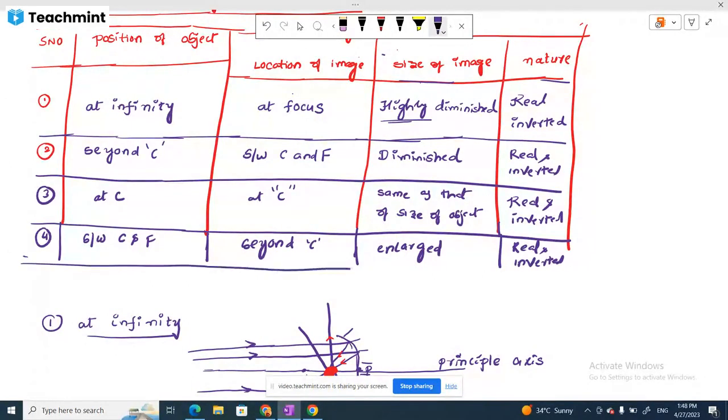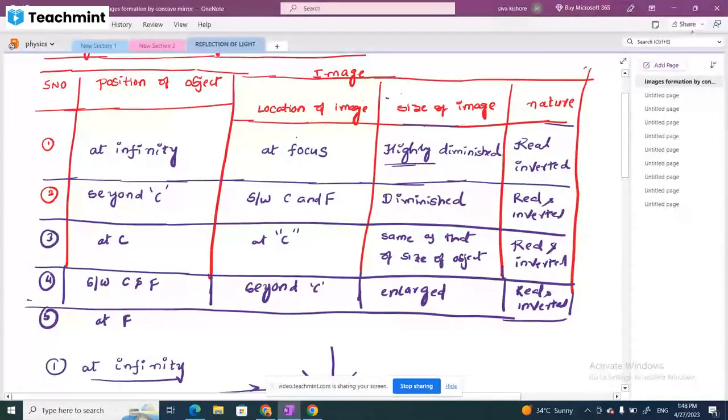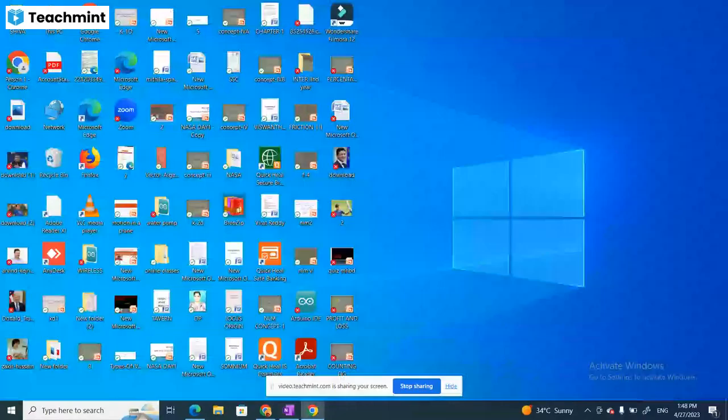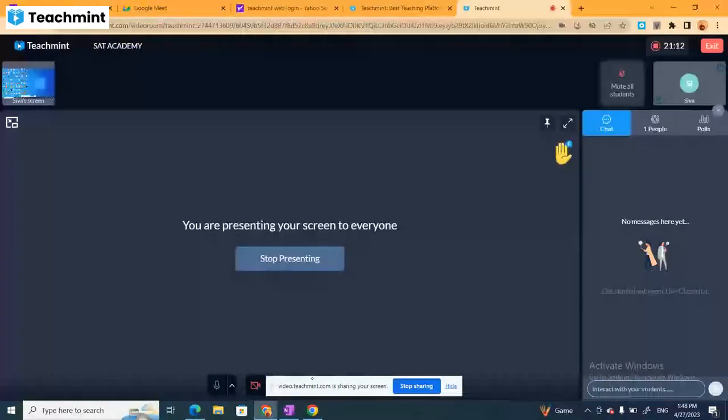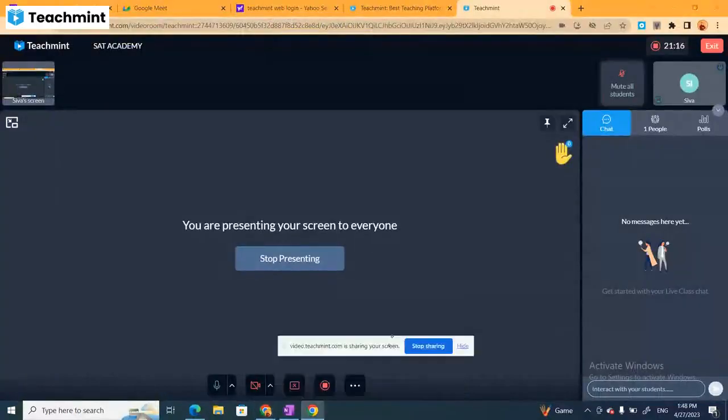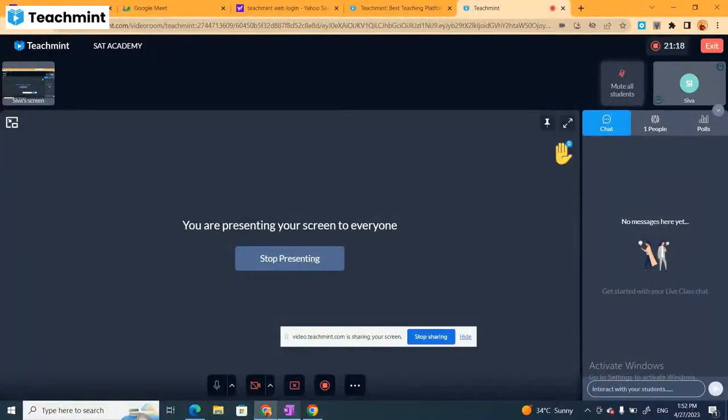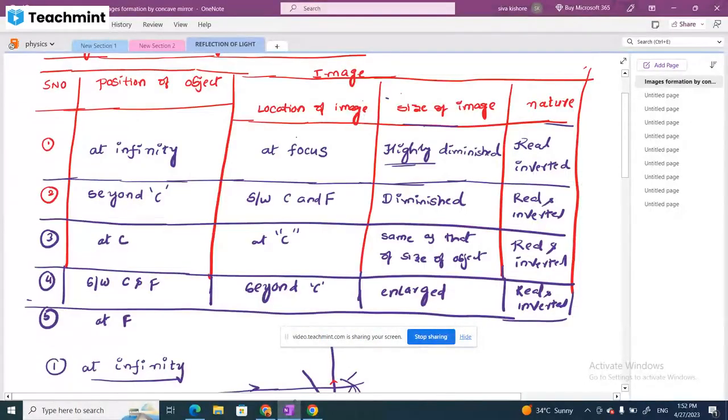Next, the fifth point. Now we move towards the mirror. The fifth case is when the object is at the focus.